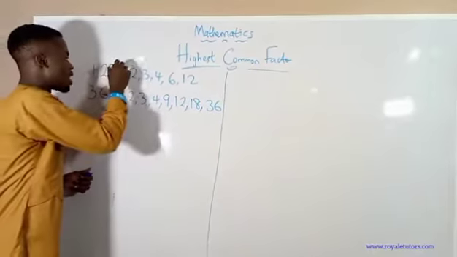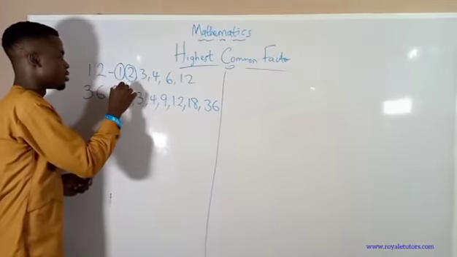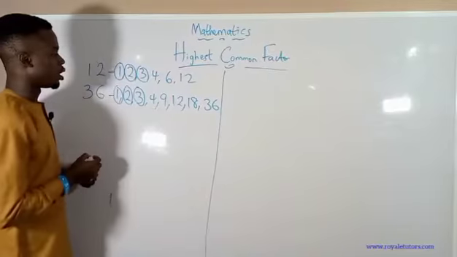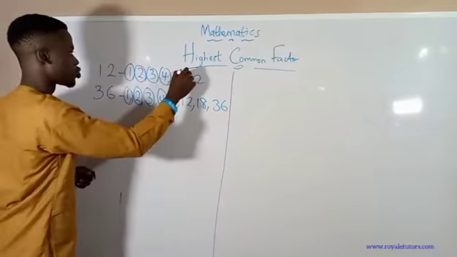For example, there is 1 here, there is 1 here. There is 2 here, there is 2 here. There is 3, and then we have 3 here too. Also, we have 4, and then we have 12.